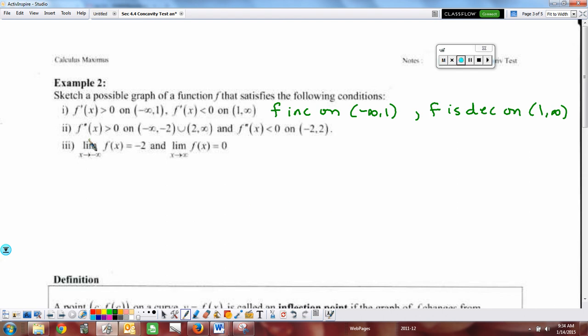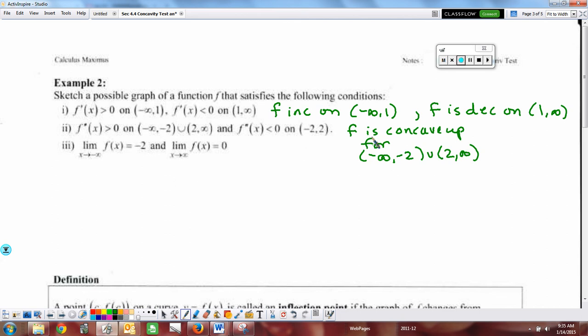Then we have our second derivative, and it says our second derivative is positive for negative infinity to negative 2 and 2 to infinity. So that's telling us that f is concave up for negative infinity to negative 2 and 2 to infinity.